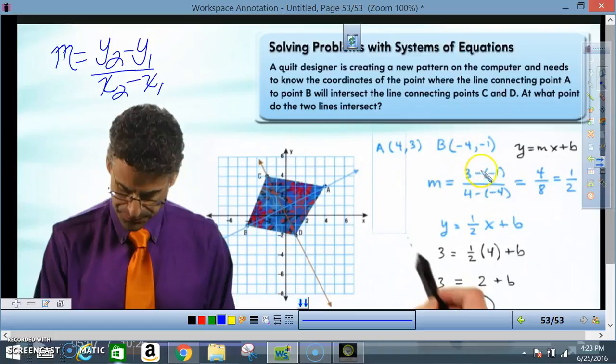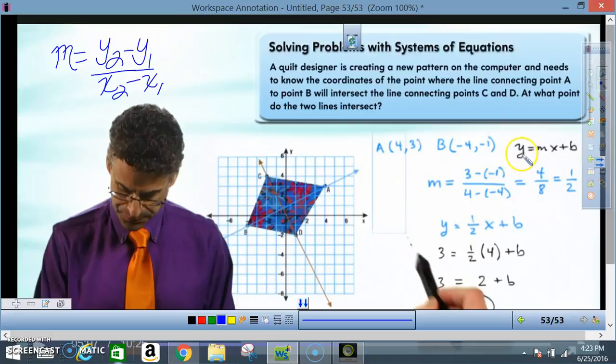Don't forget, a negative times a negative is a positive, so 3 plus 1 will give you 4. Down here, a negative times a negative will give you a positive, so 4 plus 4 will give you 8. Reduce that, and it's 1/2. So now you know your slope is 1/2.